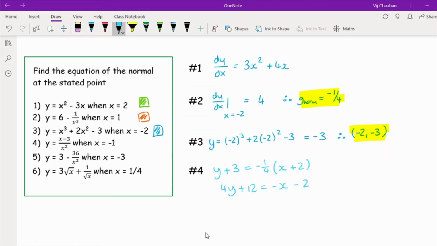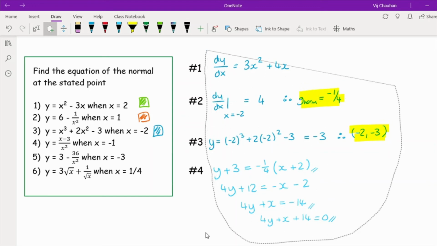Then simplifying that, I get 4y plus x equals minus 14. And if I wanted to, I could write this as x plus 4y plus 14 equals 0. So again, loads of different ways in which you can write down your final answer. It's entirely up to you, especially if it's not specified in the question.